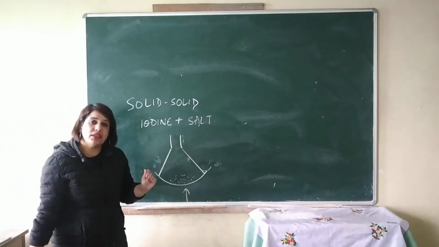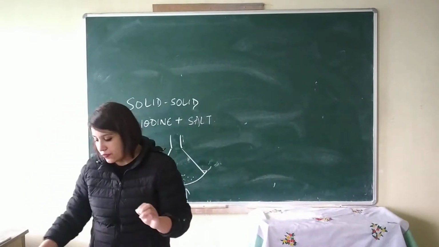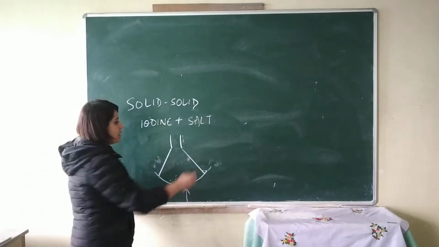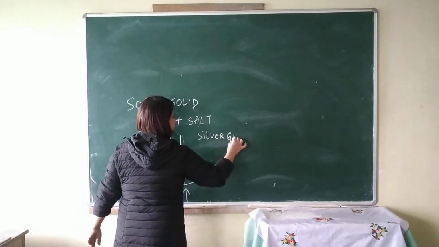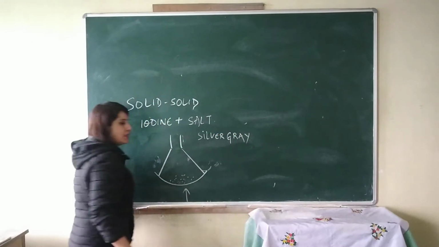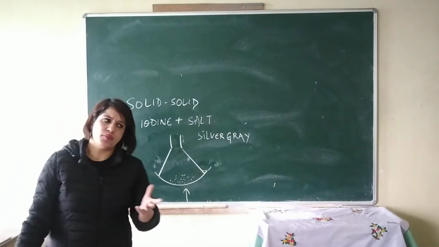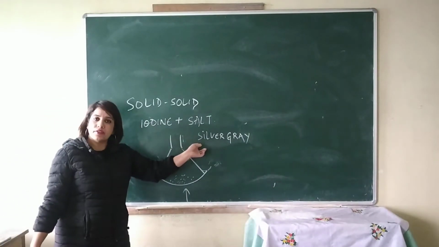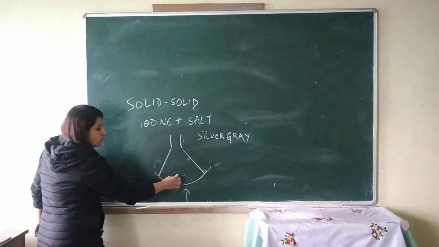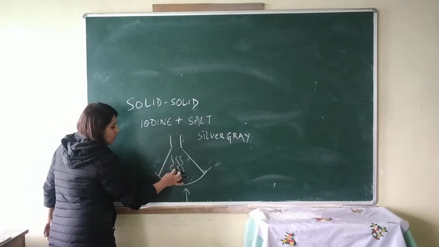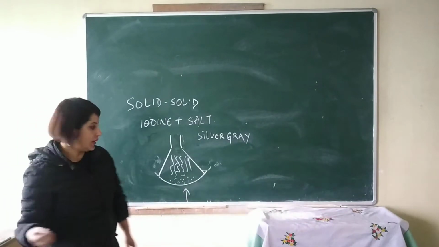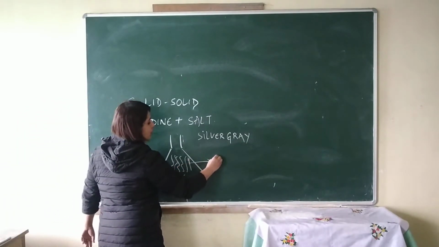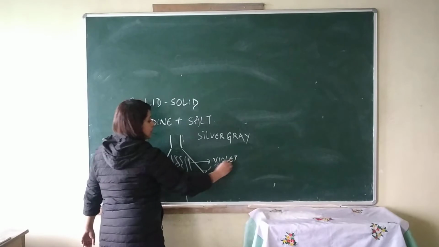Now what happens? Iodine, when it is in the solid form, is silver grey in color. It is crystalline in form, so it is a silver grey crystal. When you heat it, only the iodine will change directly into vapor, and the vapors of iodine are violet in color.